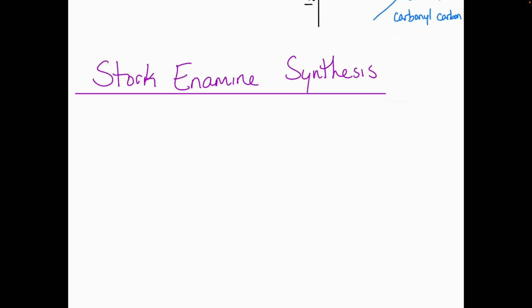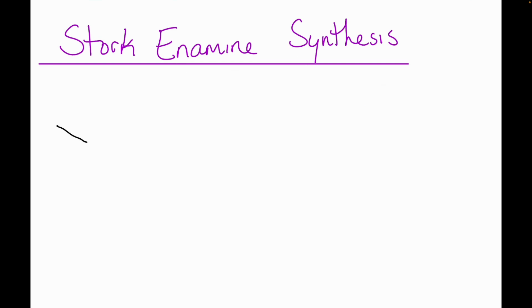Okay, so let's take a ketone. We can't treat it with the base because that will just turn it into a strong enolate ion, not a Michael donor. So the first thing that we're going to do is treat it with a secondary amine.